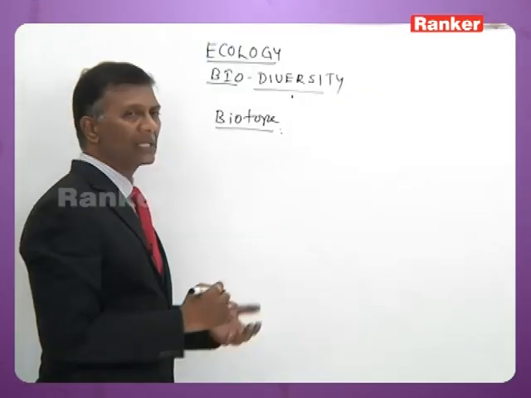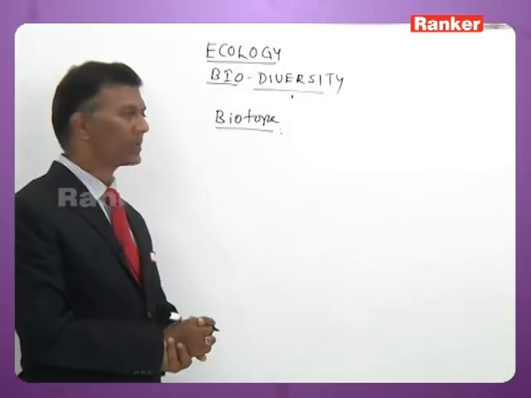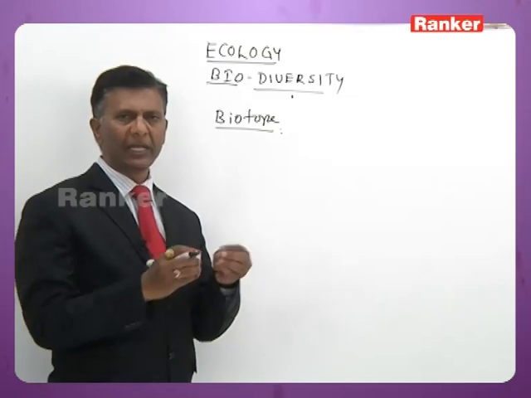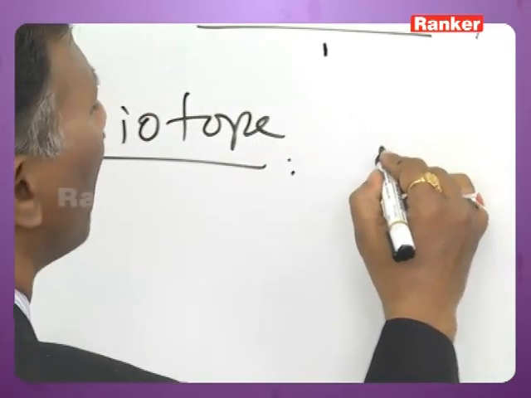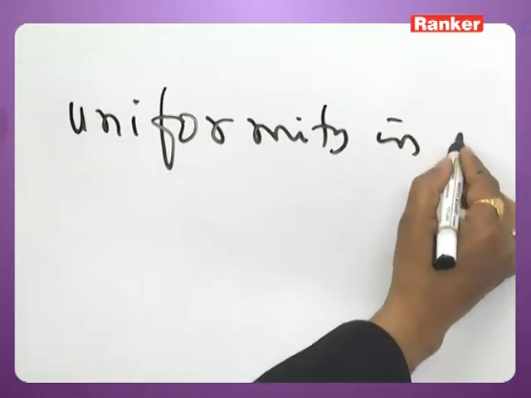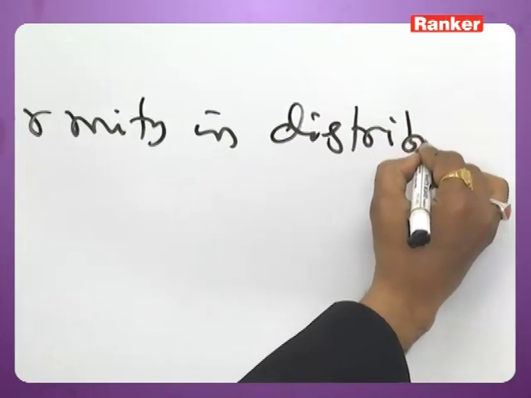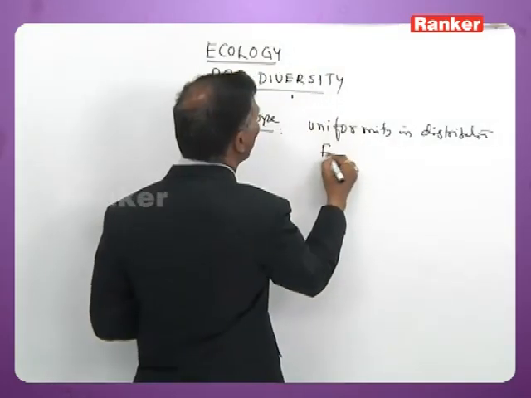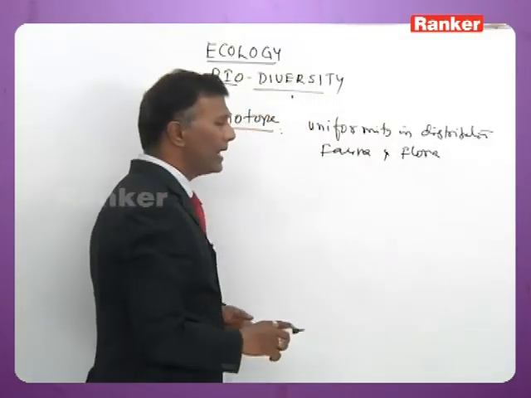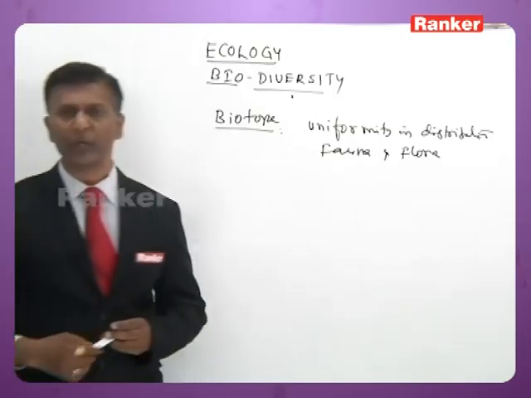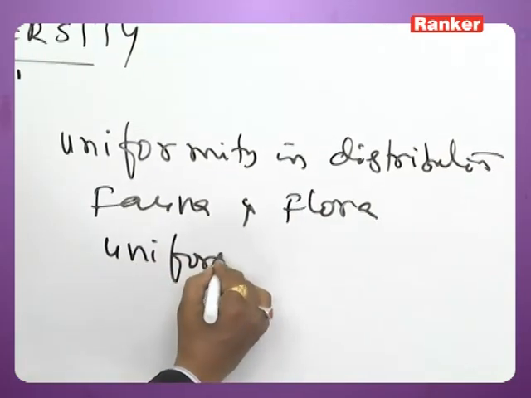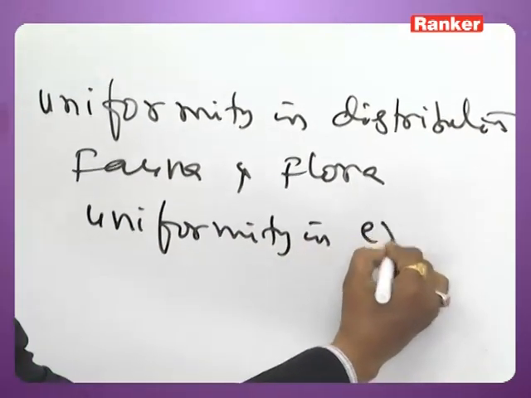Next, the other characteristics of ecosystem diversity, ecological diversity: biotope. Biotope is a habitat where there is uniformity in distribution of fauna and flora, and uniformity in the environmental conditions.